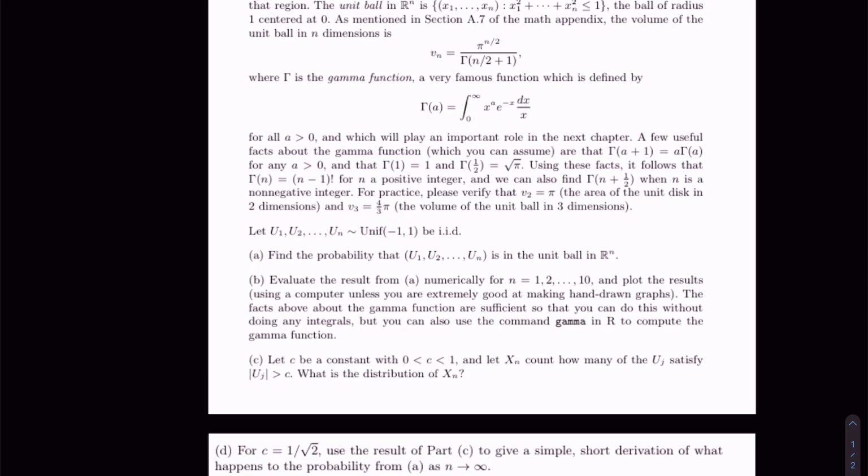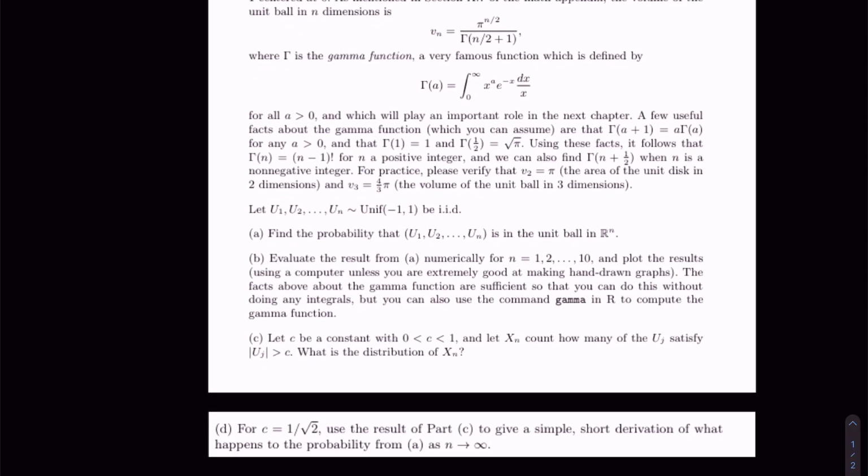Okay, this sounds like a lot of things going on in this question. Let's break it down into its critical components. Starting with A, I think it's easier to start with 2 random variables, even though we have n of them.